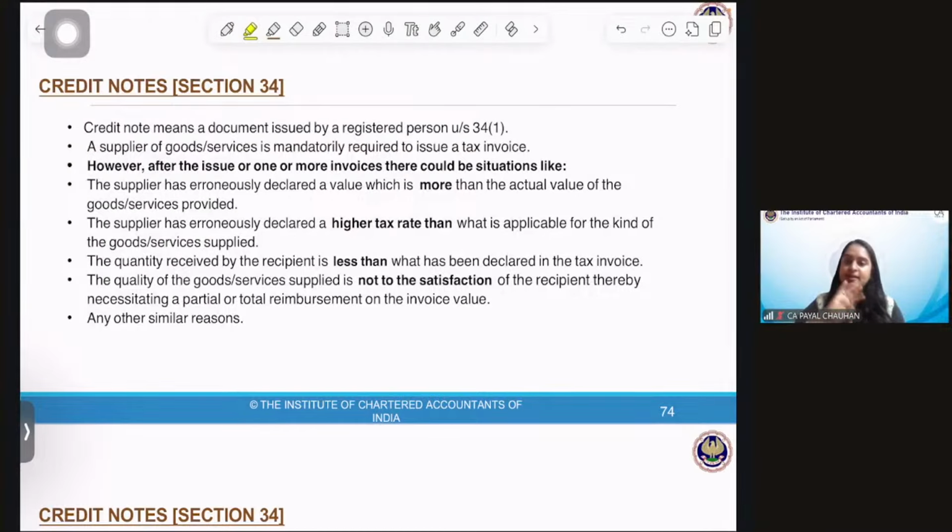It's not about B2B or B2C. The important thing is that if I am supplying you goods, whether to B2B or B2C, I can only collect tax when I'm registered. If I'm not registered under GST, I am not authorized to collect GST. It is not about B2B or B2C. The B2B, B2C distinction matters for taking credit.